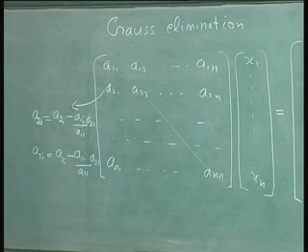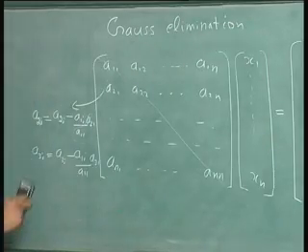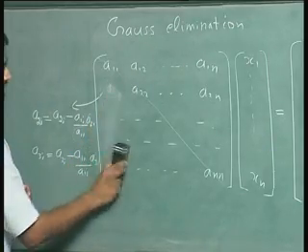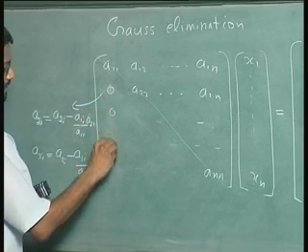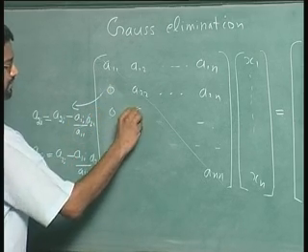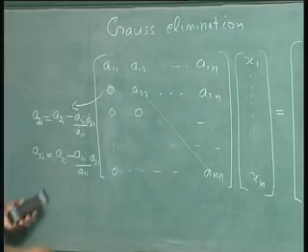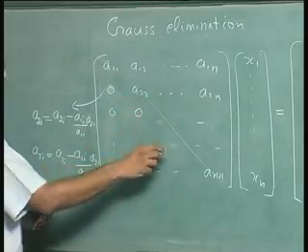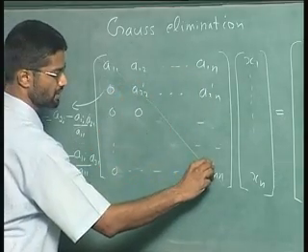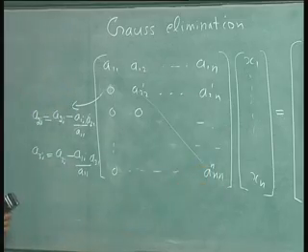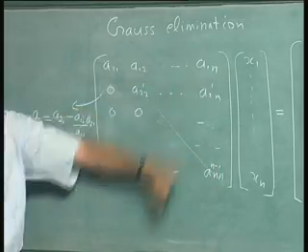At the end of this operation, I would have obtained a matrix which has zeros all below the diagonal elements and non-zero elements on and above the diagonal, and all these elements would have changed many times. For example, this row would change 1 time, and this would have changed n minus 1 times. For each elimination round, all the rows would change.